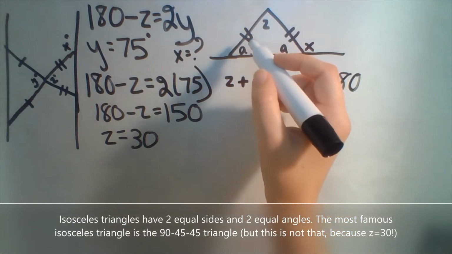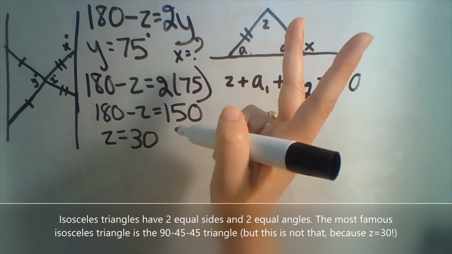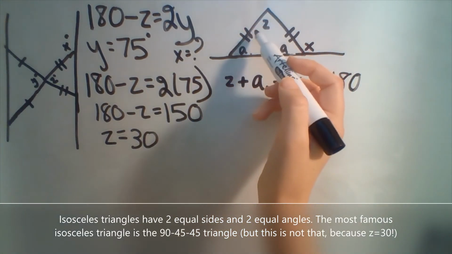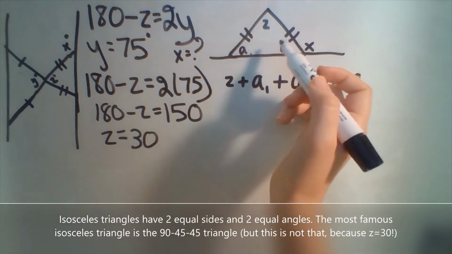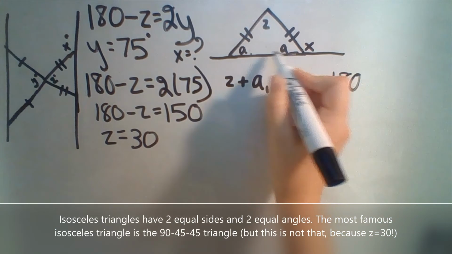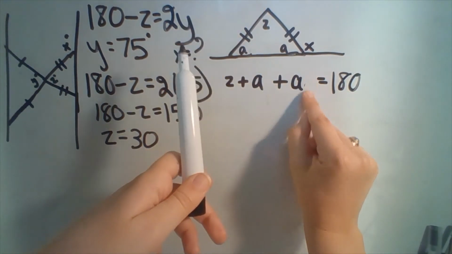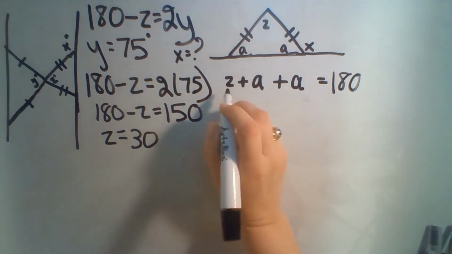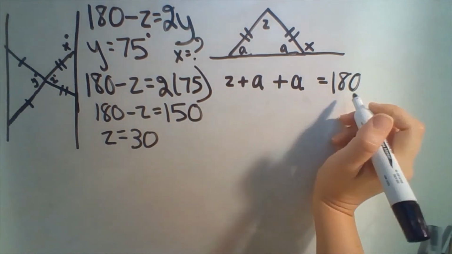So it's really important in an isosceles triangle to figure out which two angles are the same and which is the one angle that is different. And the angle that is different is the angle that is made up of by the two lines of equal length. Okay, so now that we know that A1 and A2 are really just the same angle, just A, we know that Z plus 2A is equal to 180.